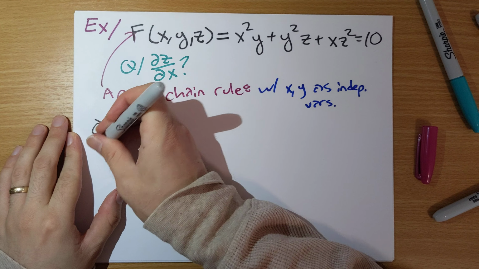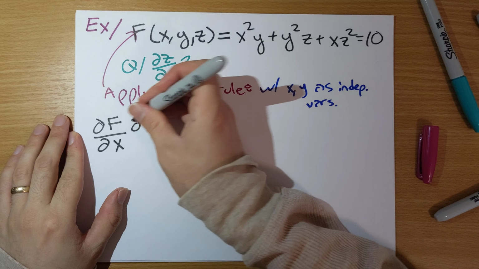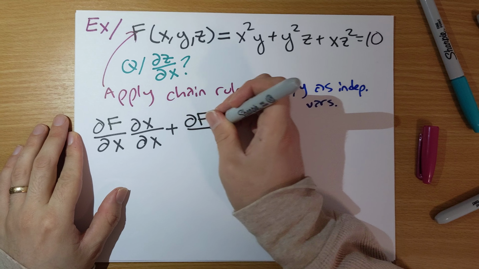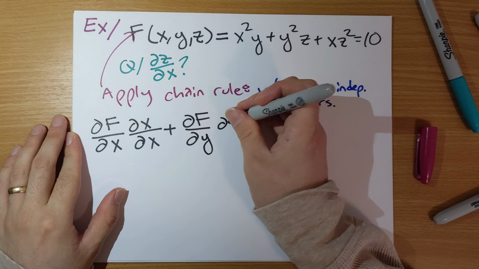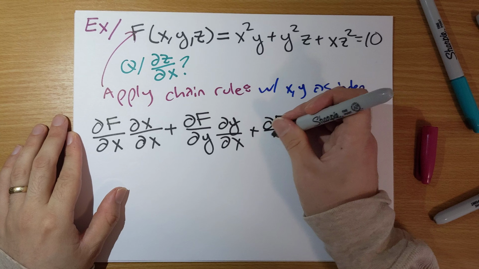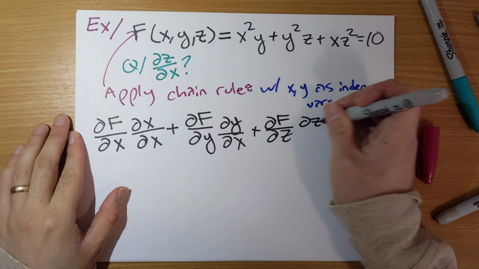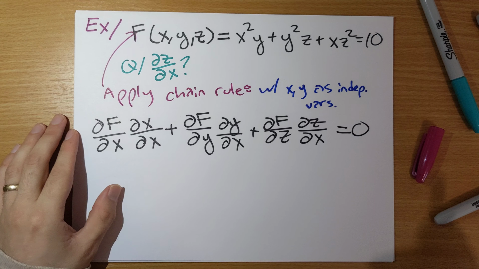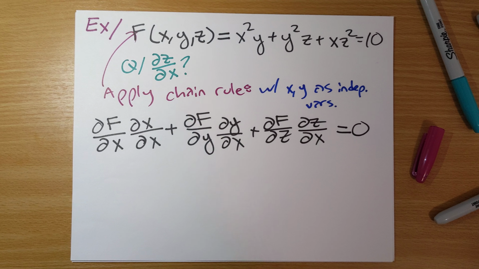Partial derivative of f with respect to x times the partial derivative of x with respect to x, plus the partial derivative of f with respect to y times the partial derivative of y with respect to x, plus the partial derivative of f with respect to z times the partial derivative of z with respect to x, equal to the derivative of the right. That's a constant, so you get 0 here.